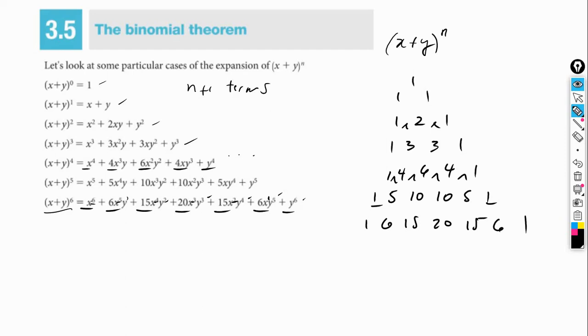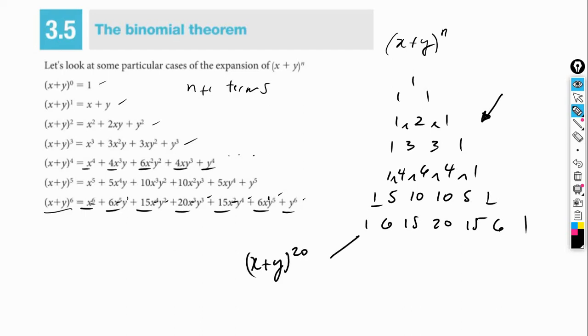What we see here is what's called Pascal's triangle. The interesting thing is that you can recursively find the coefficients of the next expansion by adding the terms of the previous expansion, just like we did. But there's a problem. What happens if we have, say, x plus y to the 20?